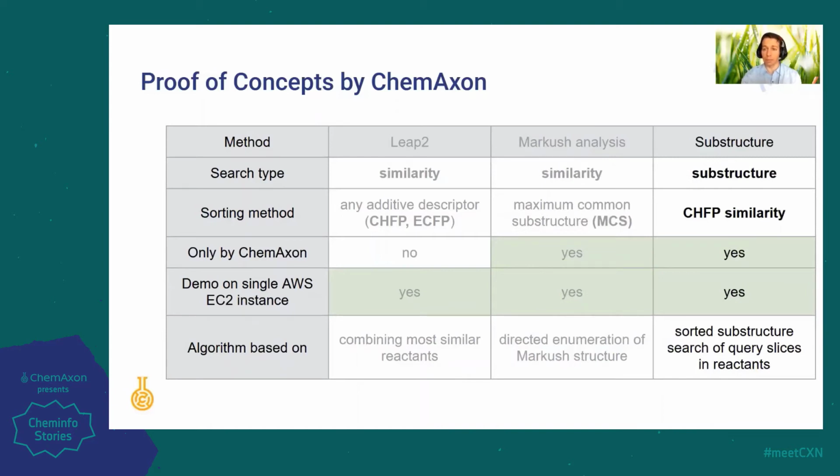The third one is a substructure algorithm, and the key point is that the sorting is based on similarity, the chemical hash fingerprint similarity. So you get the most relevant hits here as well. It is also invented by ChemAxon, the whole algorithm, and as far as I know, nobody ever managed to make a substructure search in a rule-based data set.